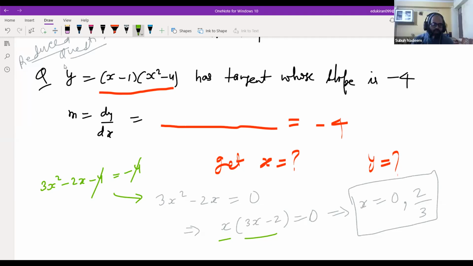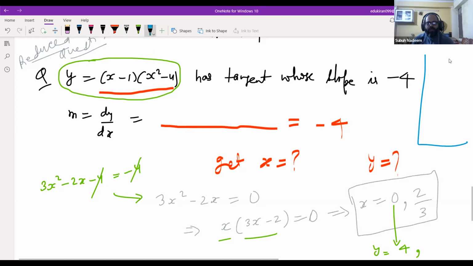So again, you use the equation of the curve where the point lies. When x is equal to 0, what will be y? When you put x equal to 0, y will be 4. And when x is equal to 2 by 3, y will be 2 by 3 minus 1, and 2 by 3 whole square is 4 by 9, minus 4.